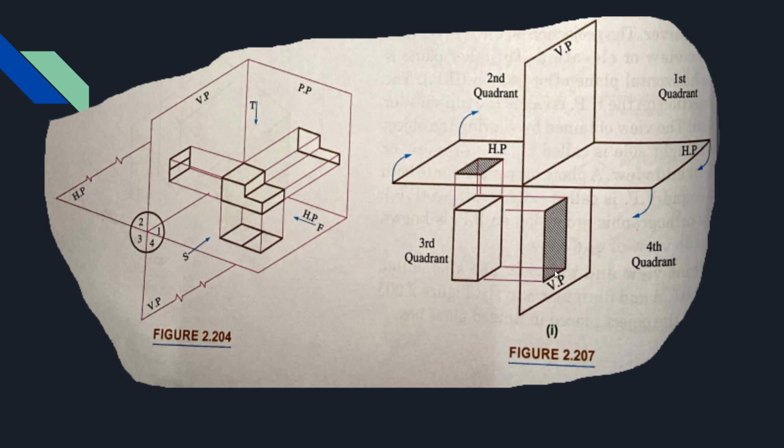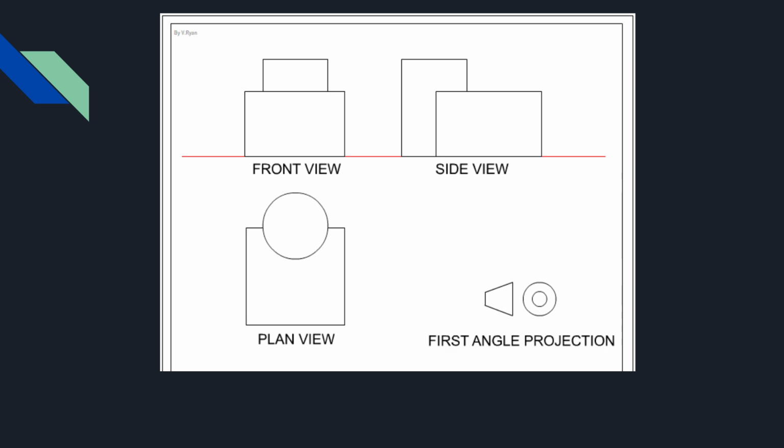Now, I wouldn't recommend you going into much detail for these quadrants. The most important thing that you gotta remember is the positioning of the views, right? So you can see that this is first angle projection, where at the top left of the page you have the front view. Towards the right here you have the side view or the end view, and right below the front view you have the plan view here.